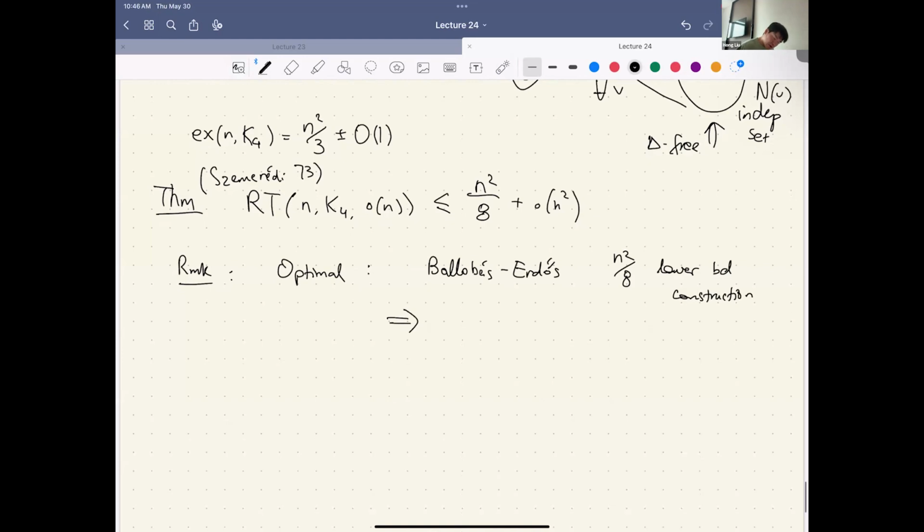So together this implies the Ramsey-Turán density of K4 is 1/4, that is, n squared over 8 normalized by n choose 2.